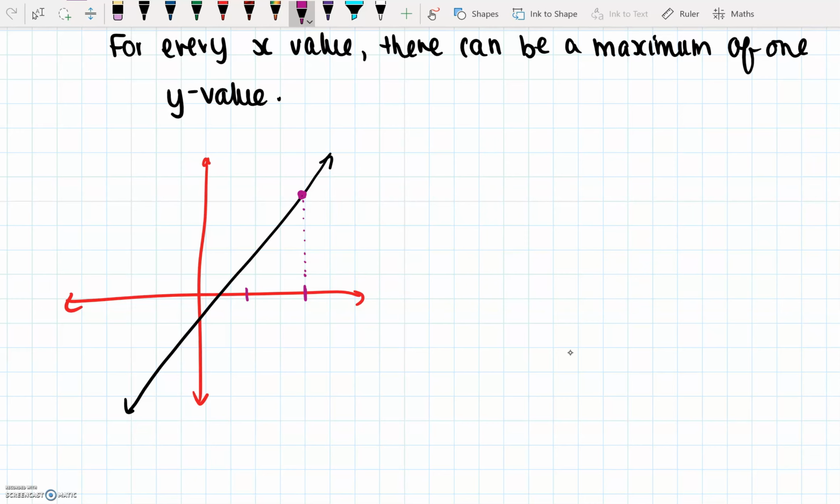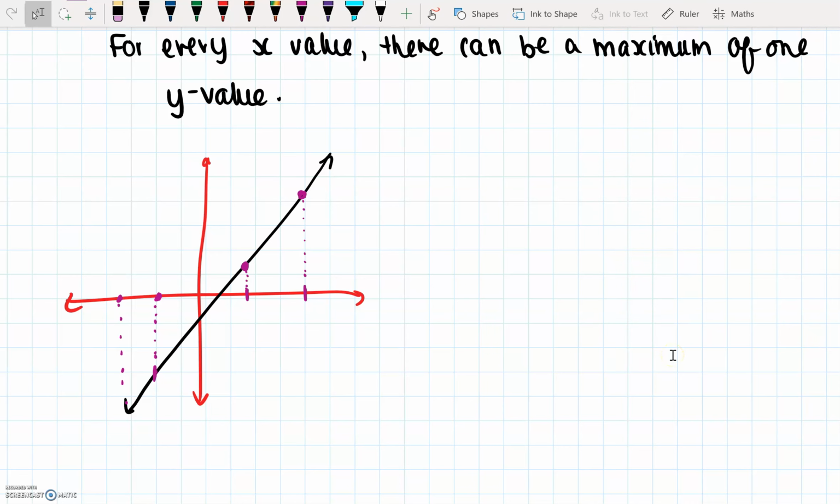Okay, if we pick x as being here, there's only one y value, okay? There's no other y value it could be. If we have x over here, again, only one y value. And this is the case for any x that you choose. It doesn't matter what you choose, there will only be a maximum of one y value for every x.